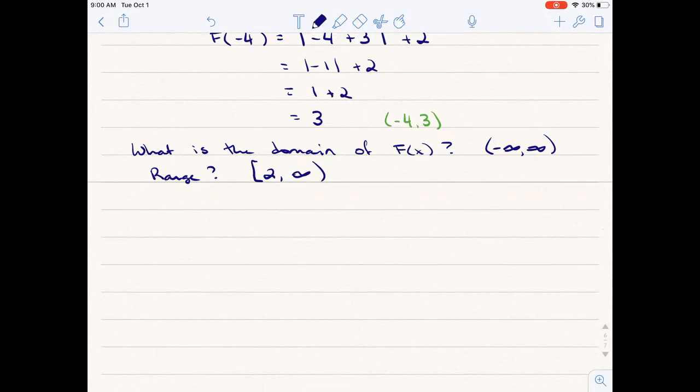So the square bracket is inclusive, so it includes 2. And then whenever we're talking about infinity, you're going to have to use round brackets because it's not a number. I guess it's up to, but not including infinity. Fair enough.